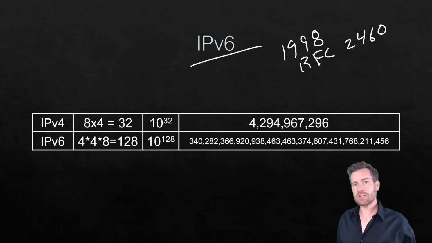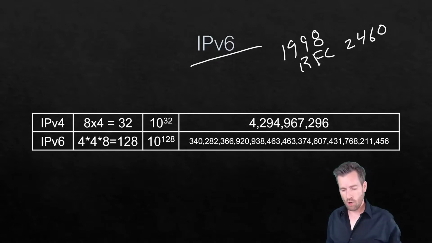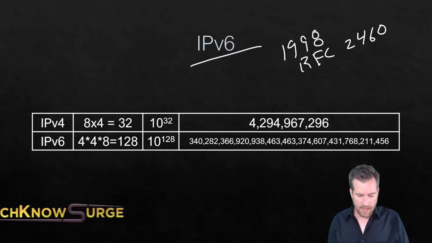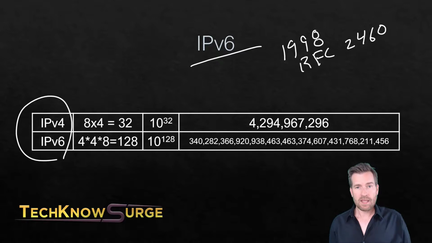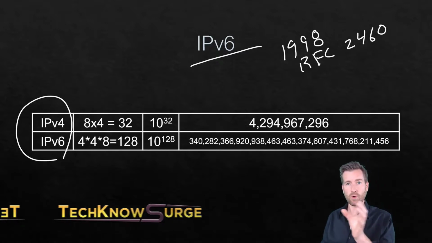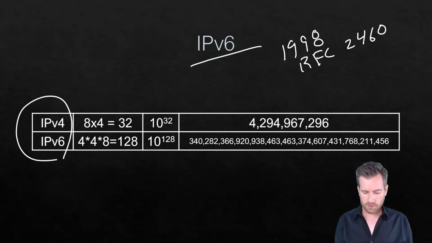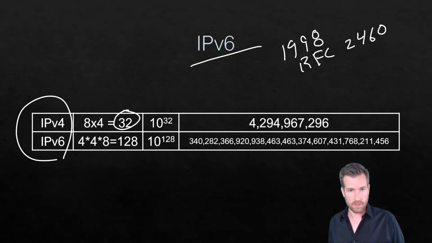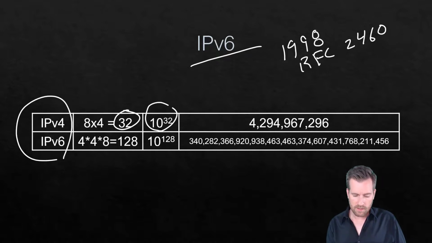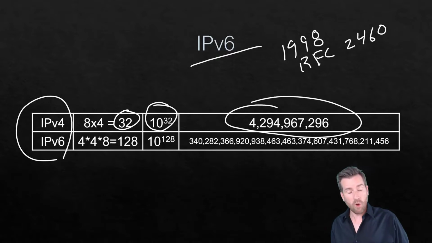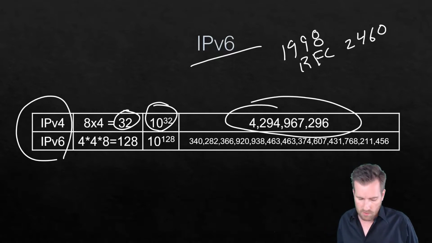Just to give you an understanding of the scope of IP version 6: in IP version 4, we know there's 4 groups of 8 bits, so we have 4 octets, and in total we have 32 bits represented in the IPv4 address. That's 2 to the 32nd, which equates to over 4.2 billion addresses, and we're running out of those addresses.